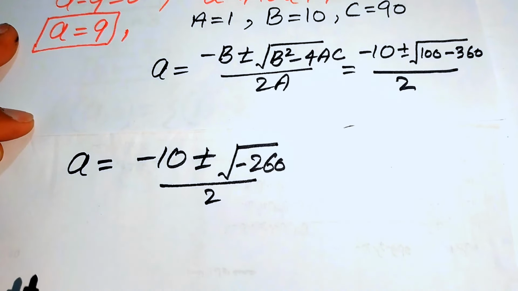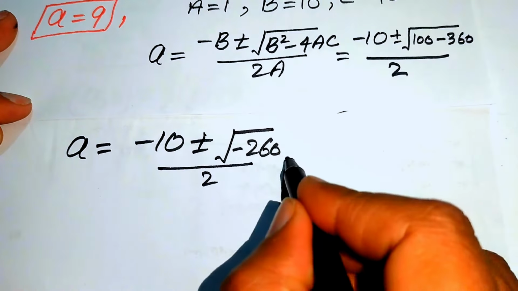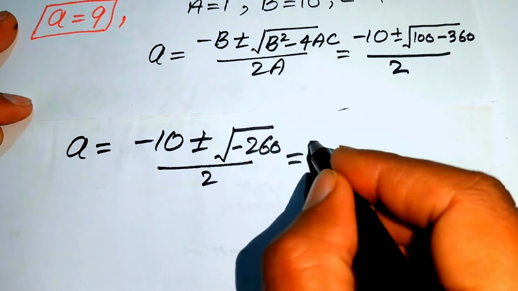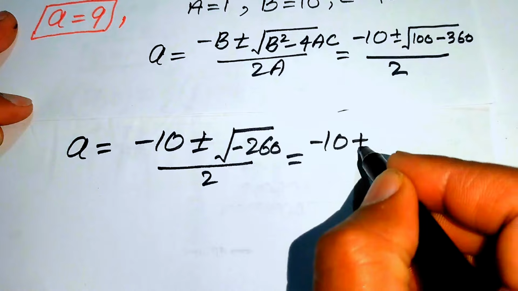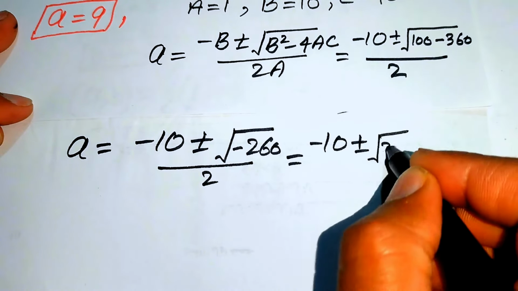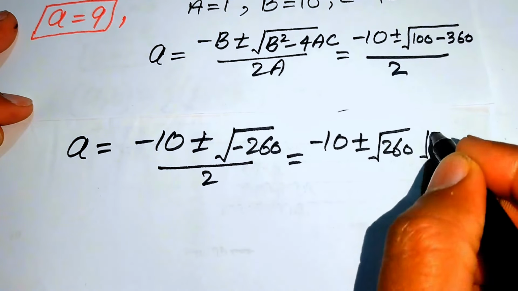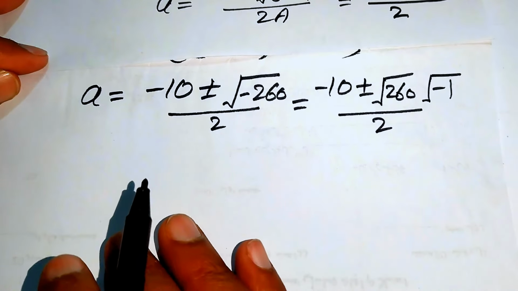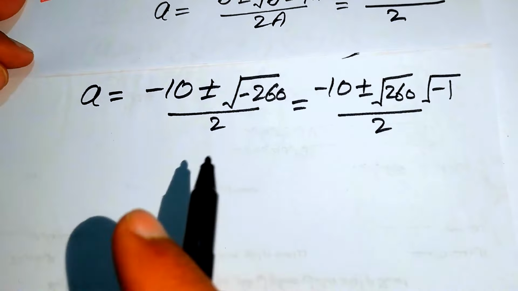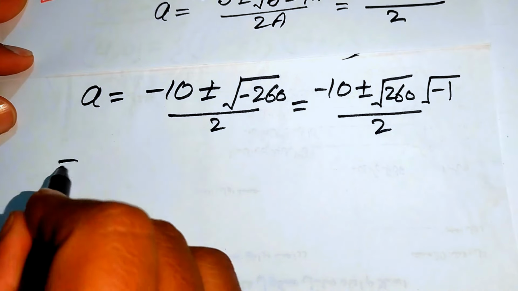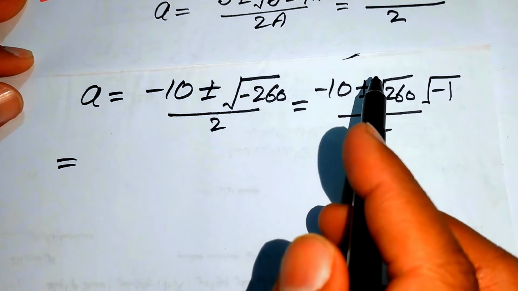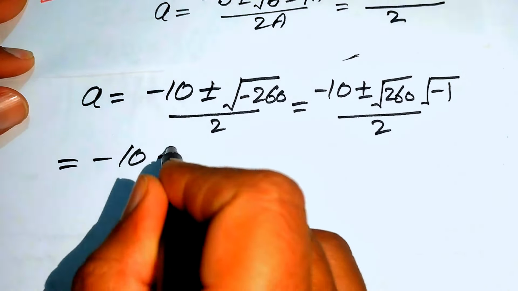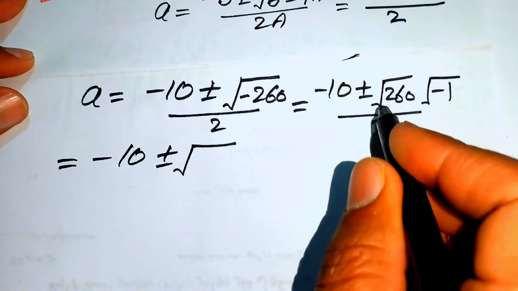Here we can separate the square root of 260 and the square root of minus 1. So it will be equal to minus 10 plus minus square root of 260 times square root of minus 1, divided by 2. We know that the square root of minus 1 equals iota.